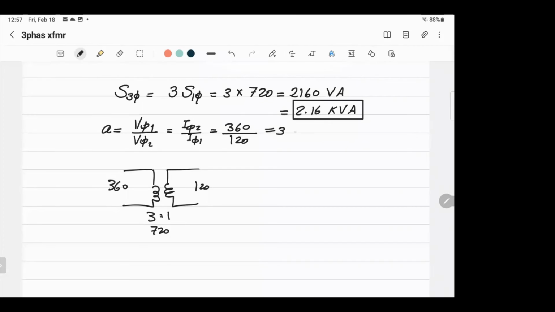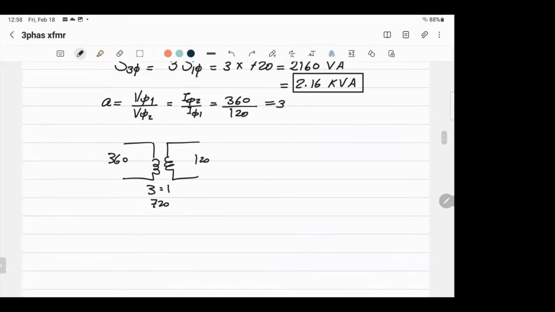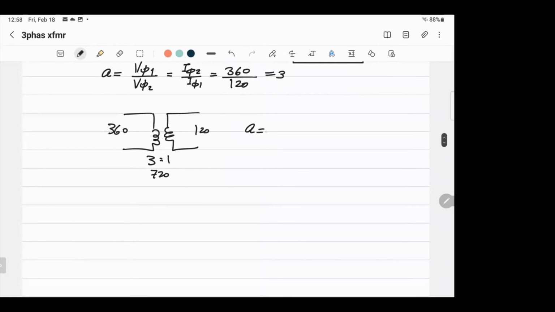So that's the turns ratio of what? Single transformer. So let me write that. A is the turns ratio of a single phase transformer.